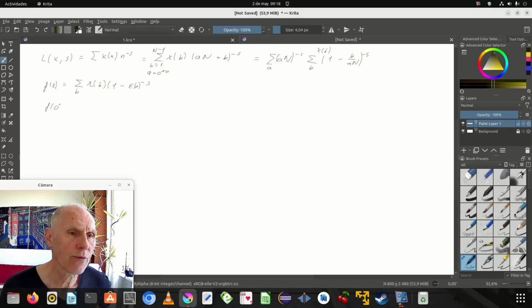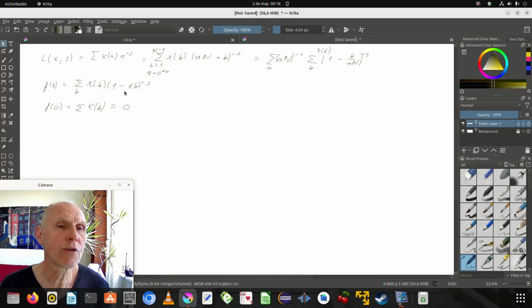Of course, f of naught equals the sum of chi of b, which vanishes. So since f is a differentiable function, we have just to show that one of the derivatives is distinct from naught. Then in some neighborhood to the right of naught, it will have a definite sign. So there's an interval where it's either positive or negative.